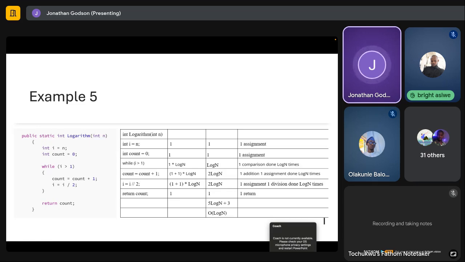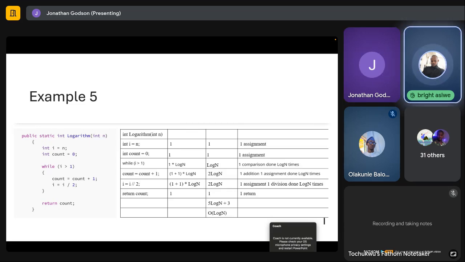Yeah, a question? Yes. So I have a question based on this, log time. What if you have a loop whereby for each iteration you are, let us say, increasing the iterator by 2, right?